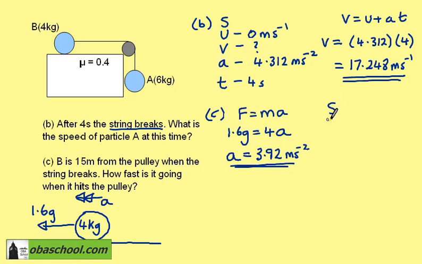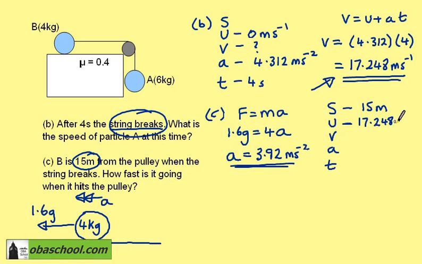If we now consider SUVAT for this object, we're told that it has 15 meters left to go before it hits the pulley. The speed will be the same as the speed of A after the string breaks, so 17.248 meters per second. We want the speed with which it hits the pulley, and the deceleration is 3.92 meters per second squared.